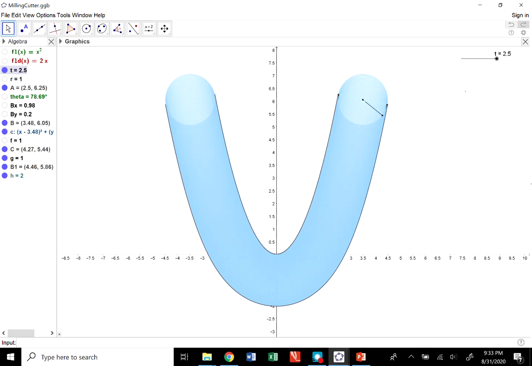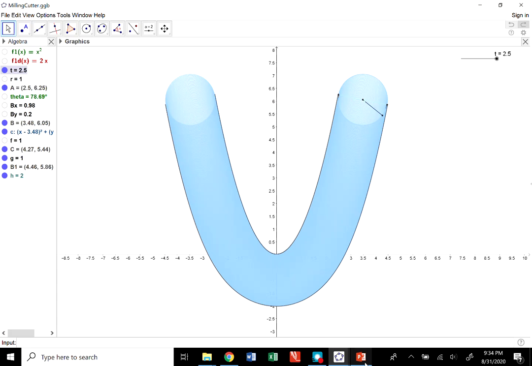One of the questions my professors asked was, if a milling cutter is milling a parabola y equals x squared, it needs to cut a profile of y equals x squared. When the milling cutter is cutting at x equals 2, y equals 4, what is the position of the center of the cutter?